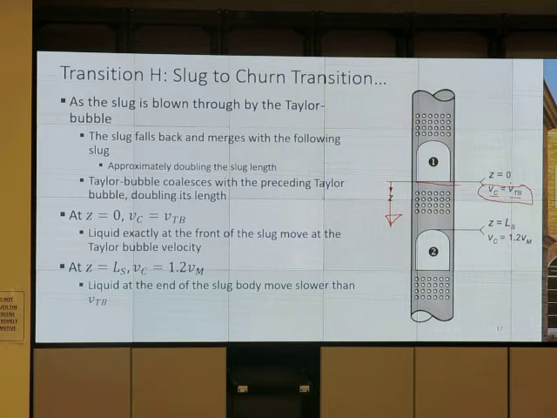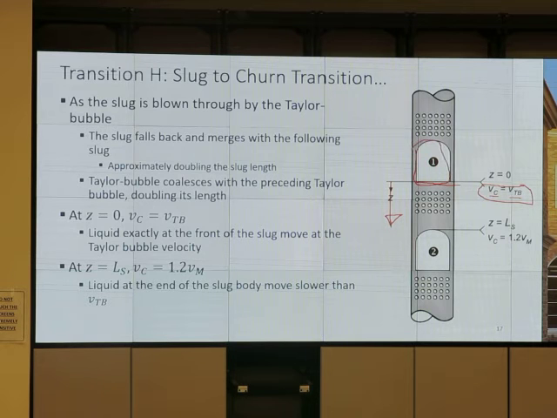Why should VC, the center line velocity, be equal to VTB? Victor: because that's the velocity of the boundary, the interface.